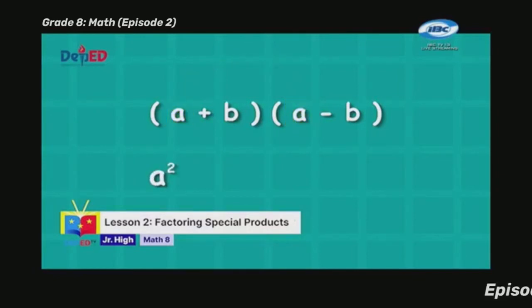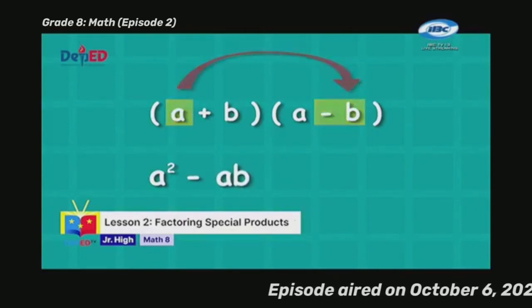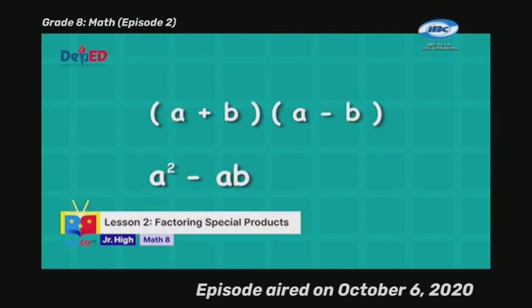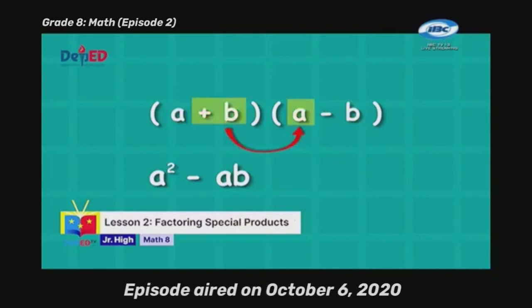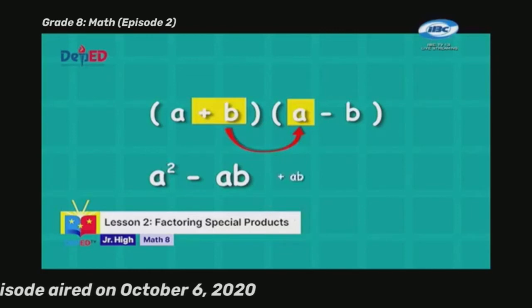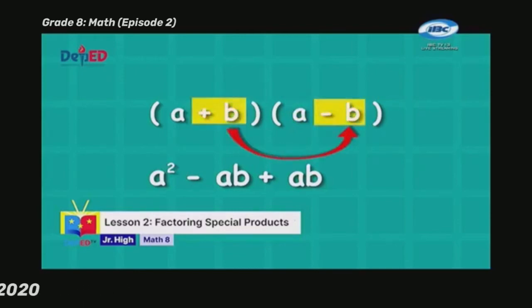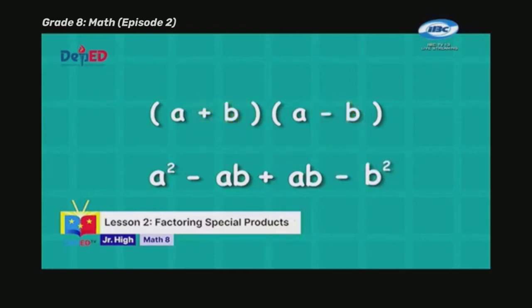Next, we multiply the outer terms. Positive a times negative b is negative ab. Then the inner terms, positive b times positive a is positive ab. The last term is the product of positive b times negative b, which is negative b squared.